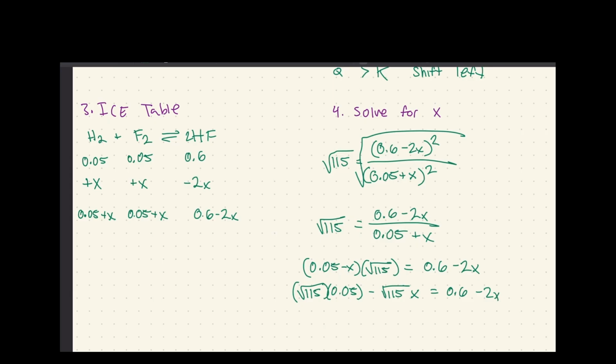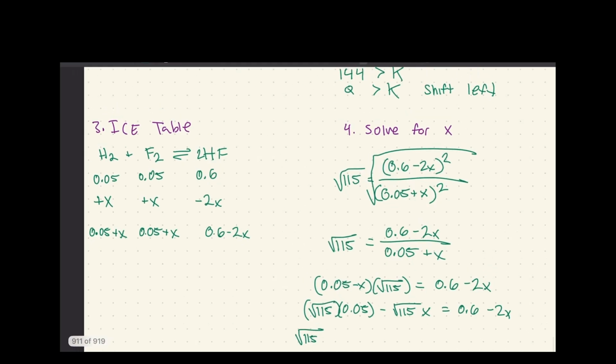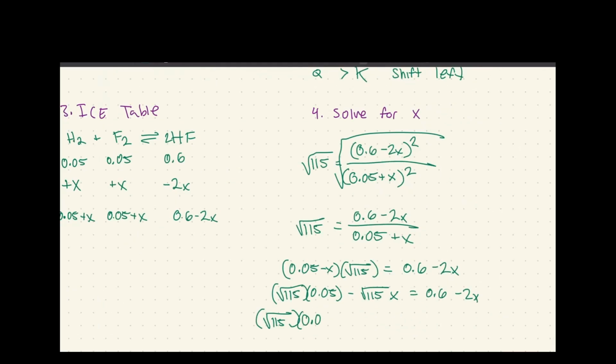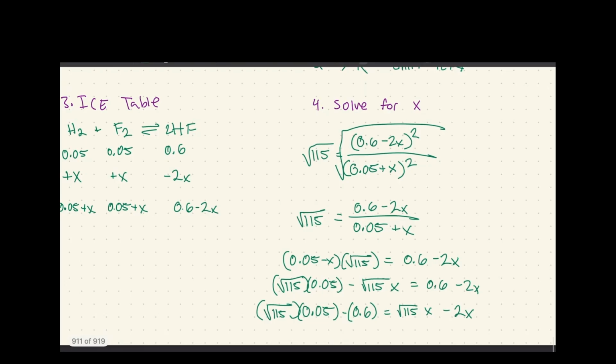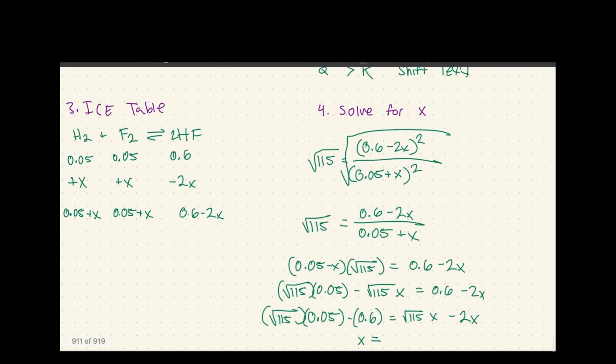I'm trying to get all my x to the same side, so I'll say the square root of 115 times 0.05 minus 0.6 is going to be equal to negative the square root of 115x minus 2x. If I put this all in my calculator, what I see is that x is equal to 0.005 molar.